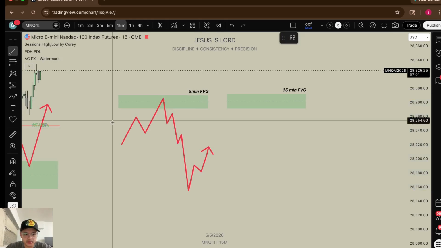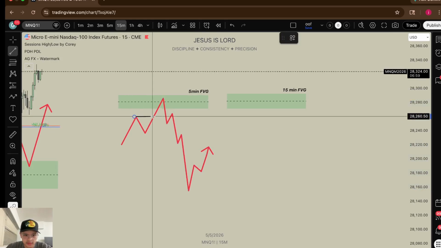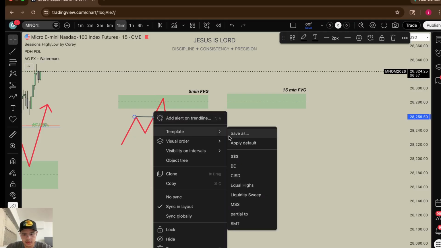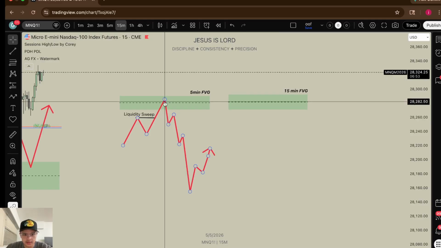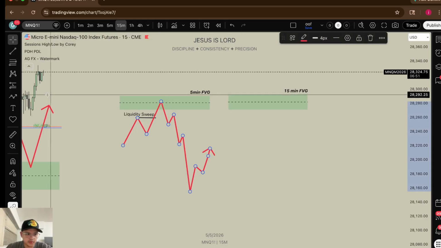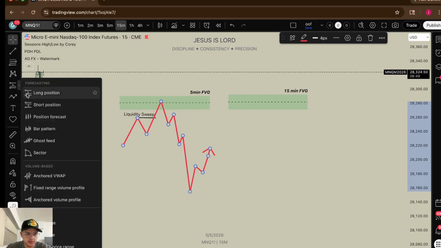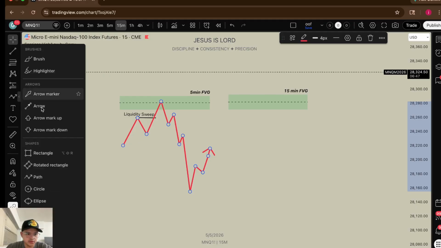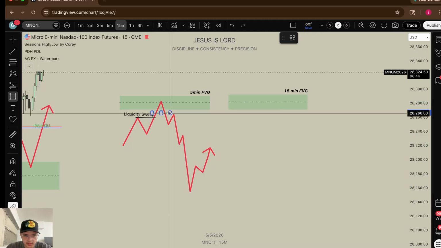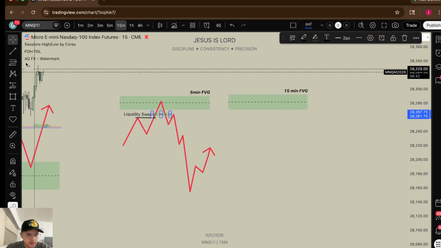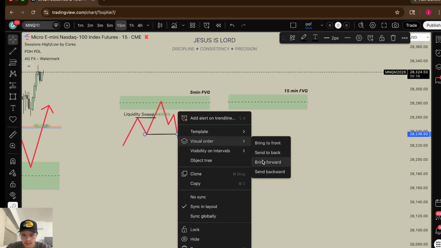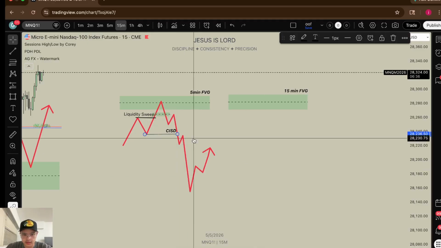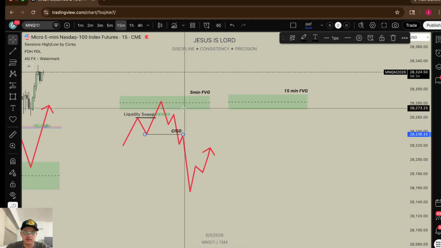Let me mark it down so it makes a little more sense. So we have our liquidity sweep, and then this is our peak, and we have our inverse fair value gap somewhere here, just so you have an idea. Somewhere there. Change in state over here, CISD. We'll go over CISD after this. CISD over here, and it goes down.